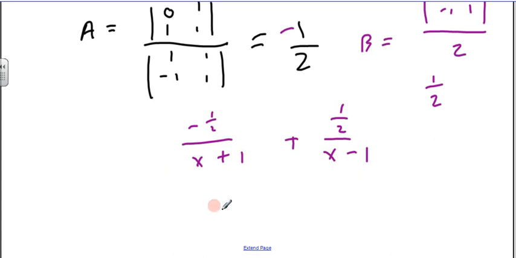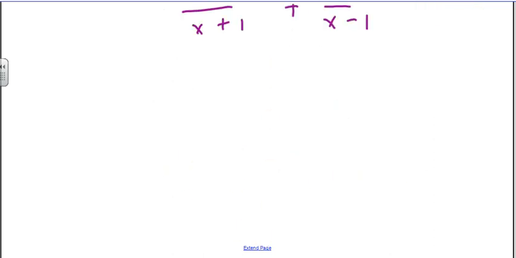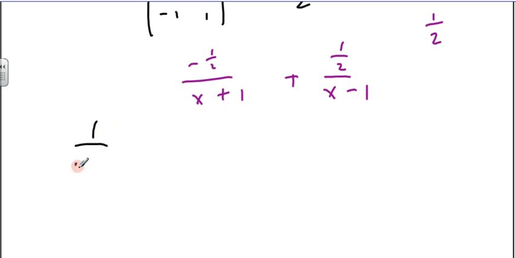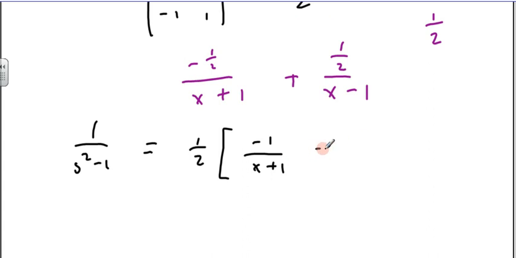Well, if this were a Laplace transform, and I had 1 over s squared minus 1, then that would be partial fractions of 1/2 times minus 1 over s plus 1 plus 1 over s minus 1.